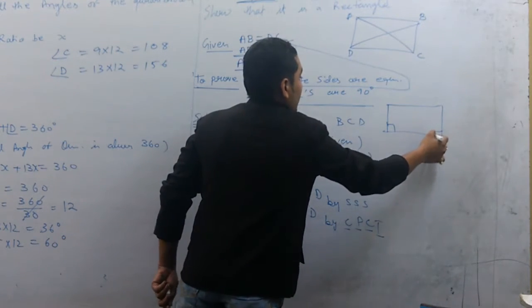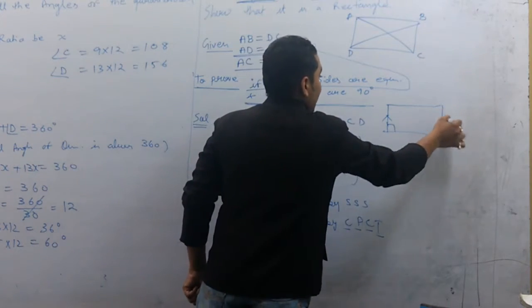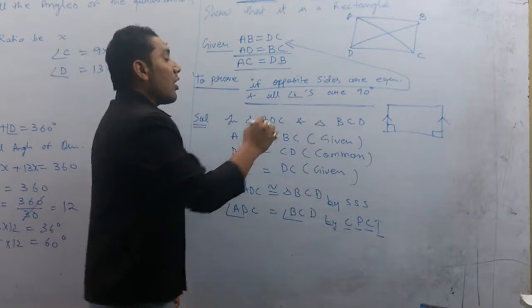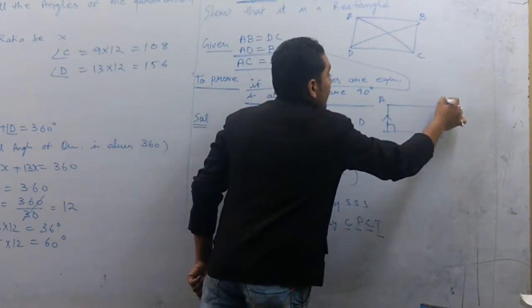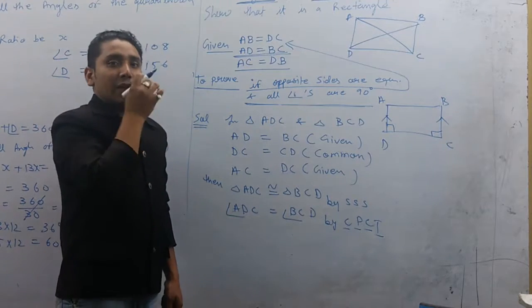This angle is equal to this, and this line is parallel to this because ABCD is a parallelogram. It is given.